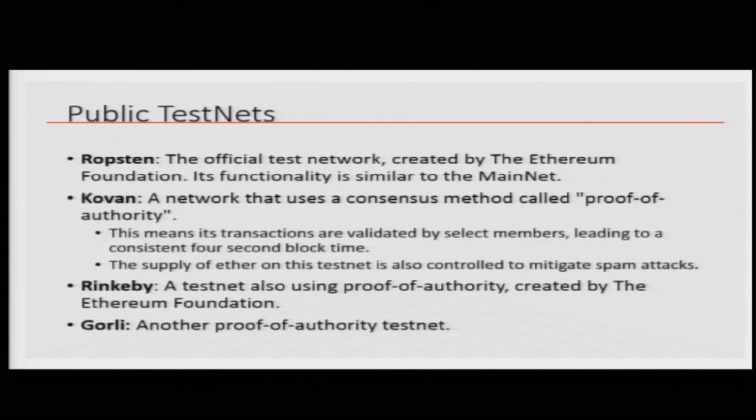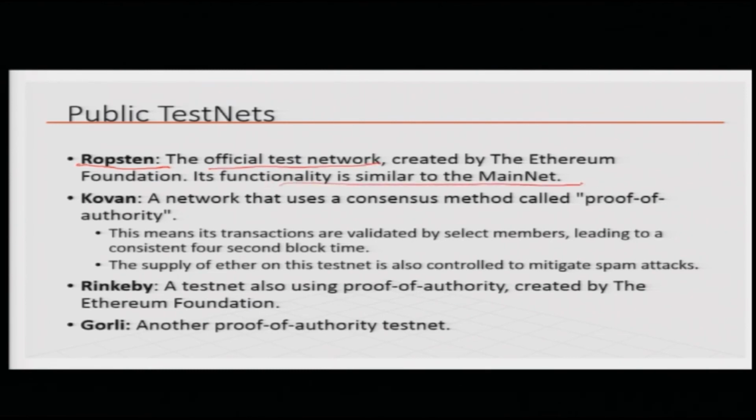There are certain ones that you can find if you go to ethereum.org and look for testnets, and you will find at least 3-4 such testnets which are run by the Ethereum Foundation. So Ropsten is one such testnet, and it's actually an official test network directly created by the Ethereum Foundation, and it is very similar to mainnet.